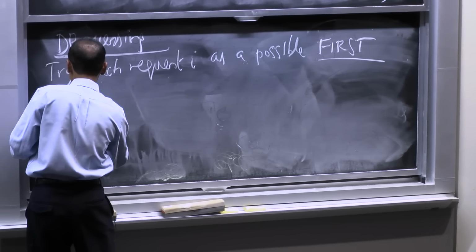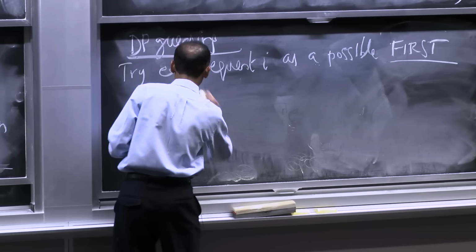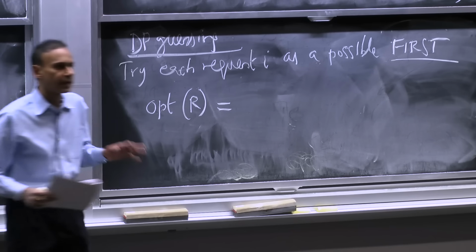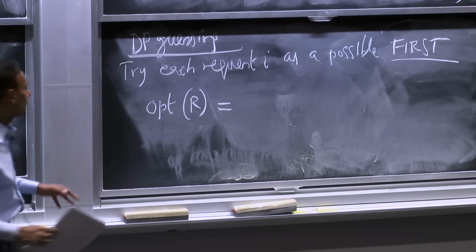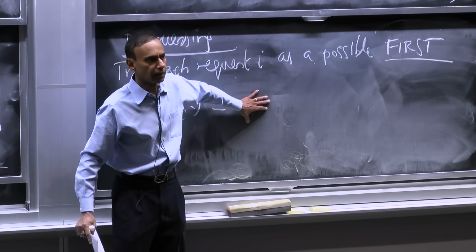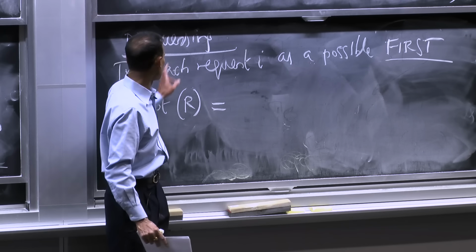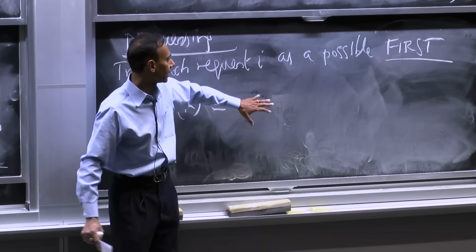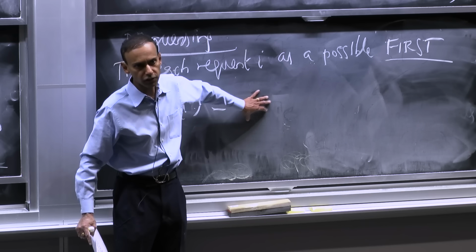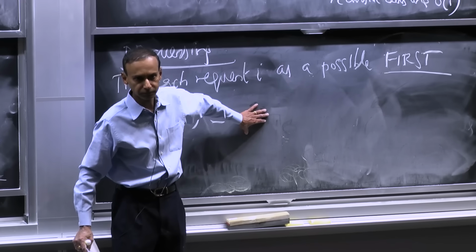And so the recursion, and I have opt R. What is the first thing that I'm going to have on the right-hand side of this recursive formulation? What mathematical construct am I going to have to do here? When you see something like guessing and seeing something like try each request as a possible first, what mathematical construct am I going to have to put up here?